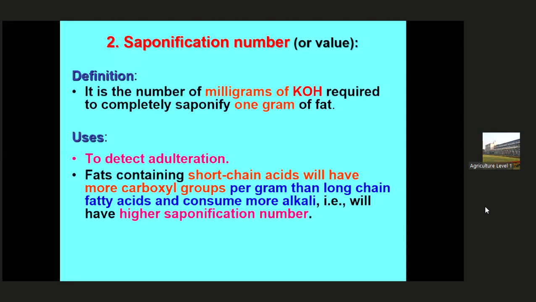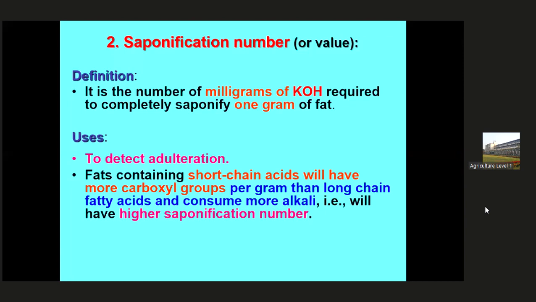Suppose 5 carbon with 20 fatty acids give you 1 gram of fat. So 10 carbon with 10 fatty acids will give you 1 gram of fat. So 20 carbon with 5 fatty acids give you 1 gram of fat, because the total number of carbon is 100. 20 into 5 equals 100, 10 into 10 equals 100.